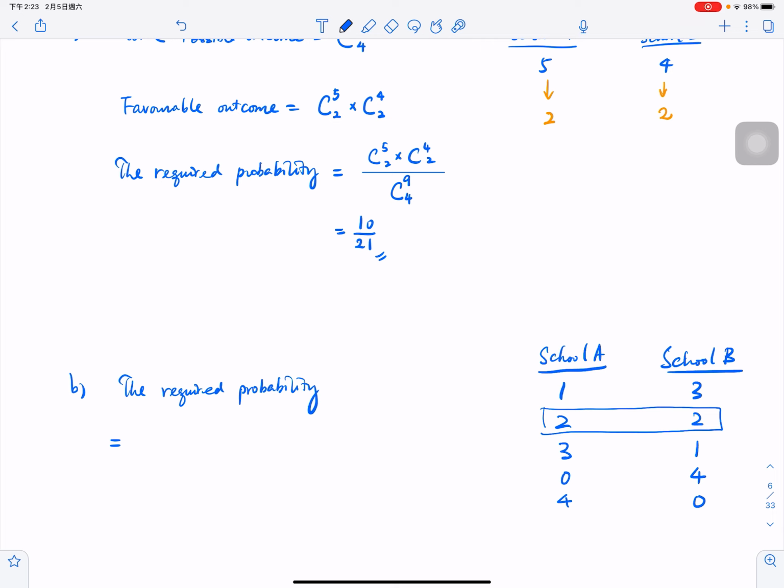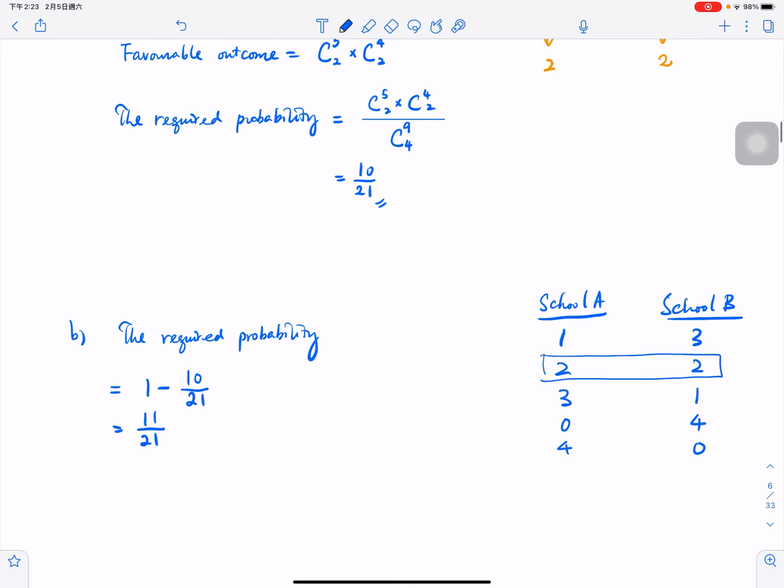So the required probability you can simply write as 1 minus the answer of part A. So as a result, 11/21. See? Maybe you think, can we use combination to find out this one? Yes, yes.